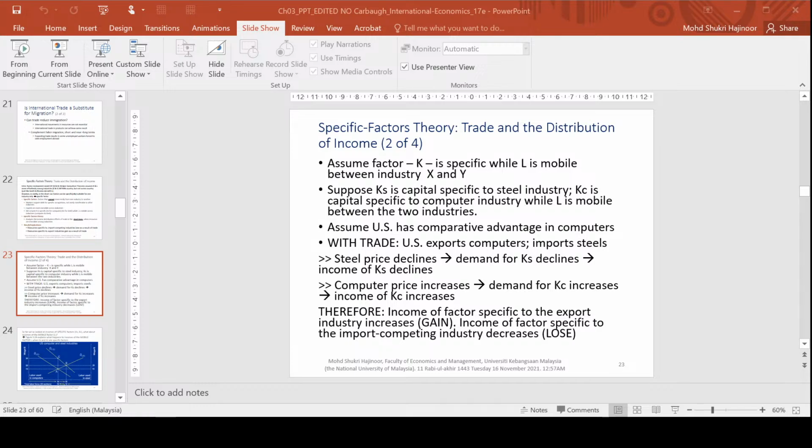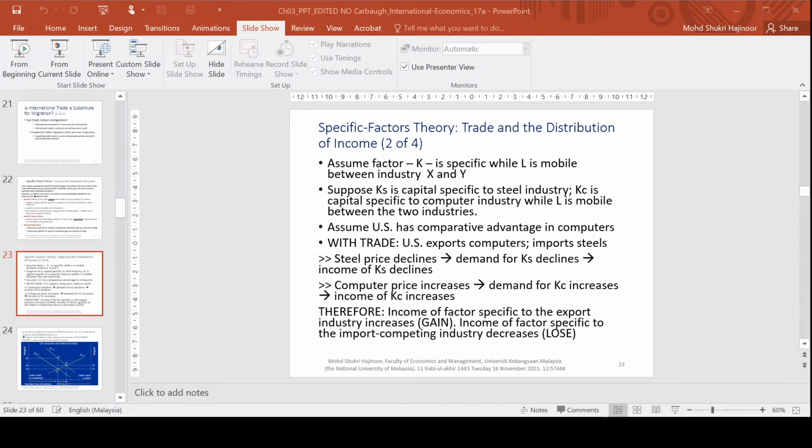So this is a new shift of the demand for labor in the computer industry to the right, because of specialization in the computer industry, comparative advantage, when there are specific factors involved.